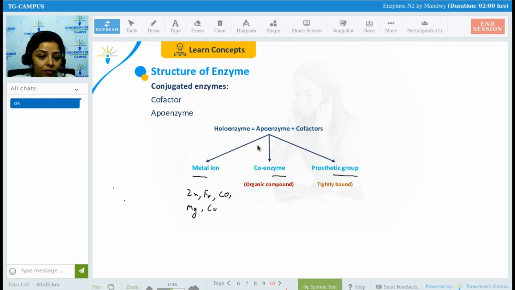Normal metals that you have studied in your chemistry. So these metals, when attached to the protein, the apoenzyme, regulate the activity of the enzyme by forming a coordination bond.